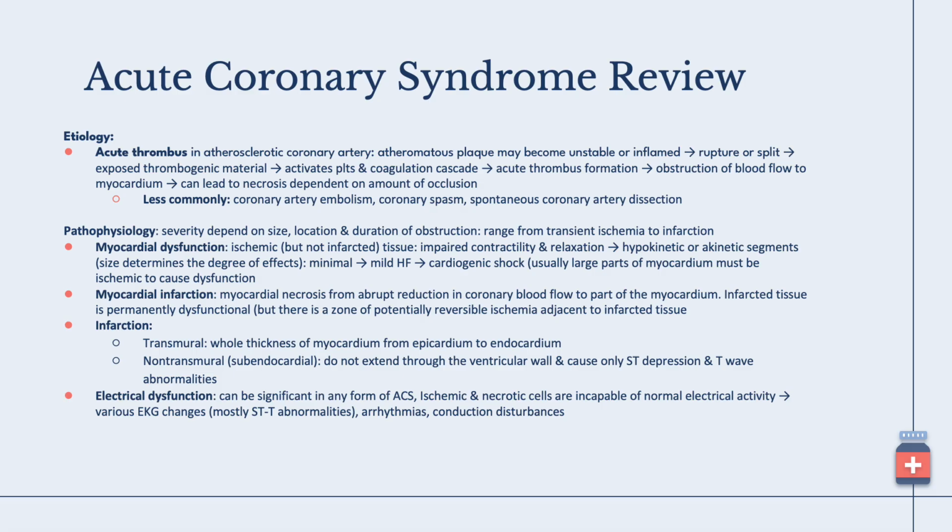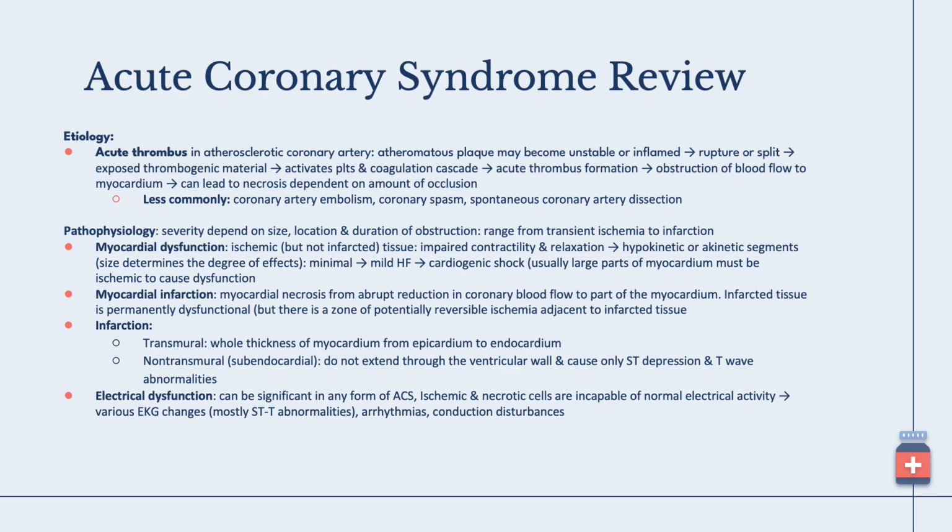Patients may also have electrical dysfunction, and this can be significant in any of the forms of ACS. Ischemic and necrotic cells are incapable of conducting normal electrical activity. And so this can lead to a number of different EKG changes that you may see.